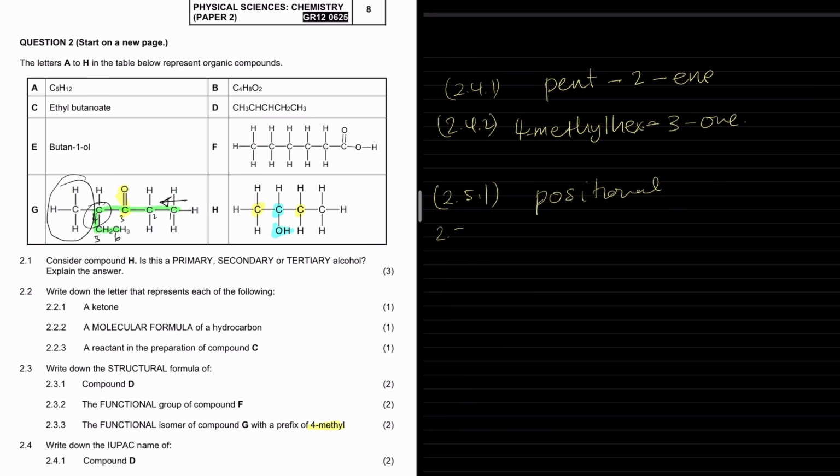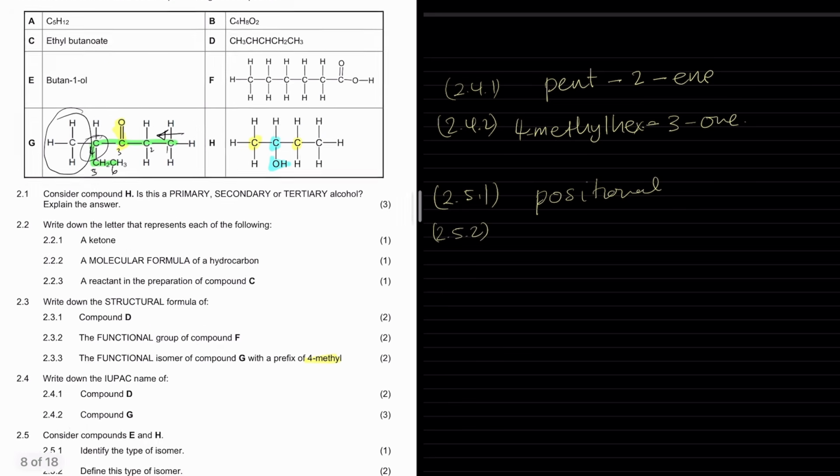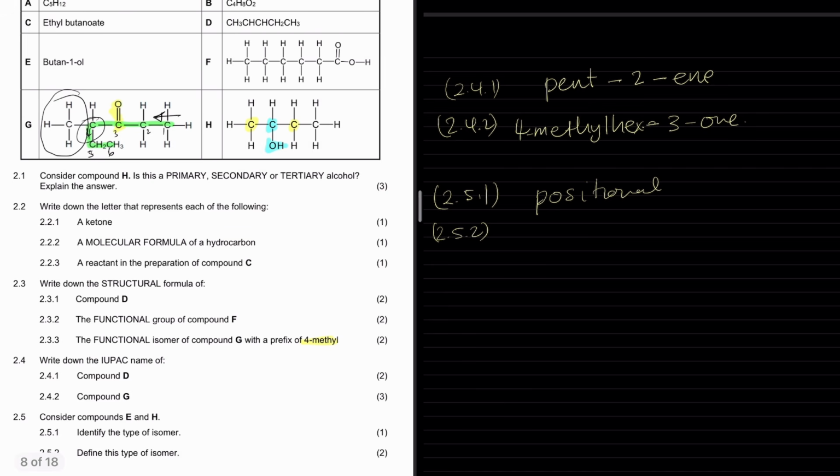It is a positional isomer, and for 2.5.2, they want us to define this type of isomer. Positional isomers are compounds with the same molecular formula, but different positions of the functional groups.